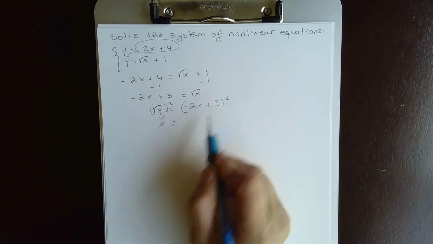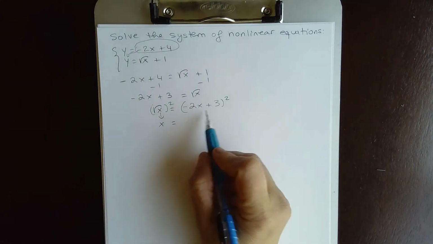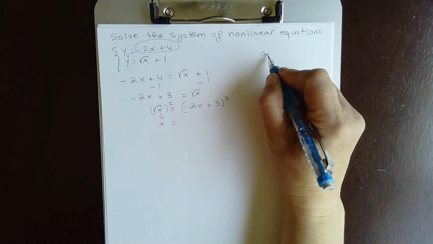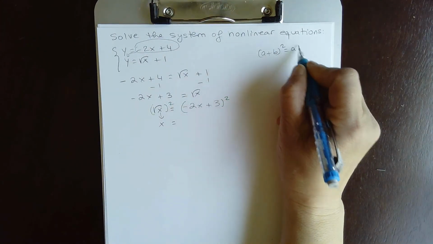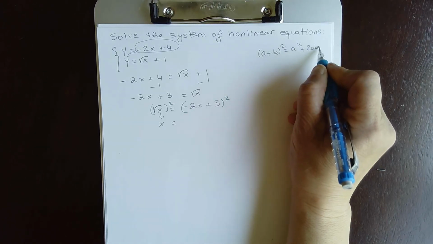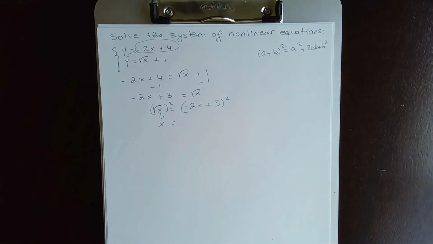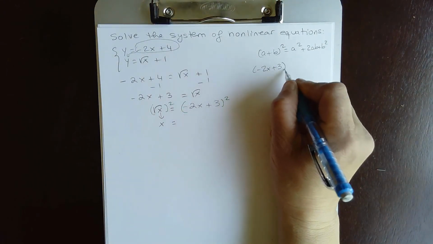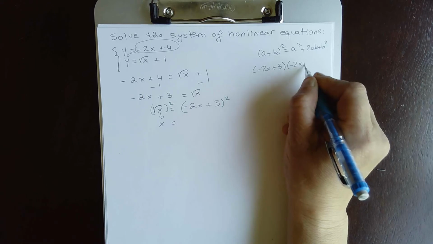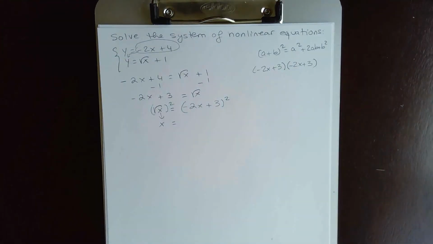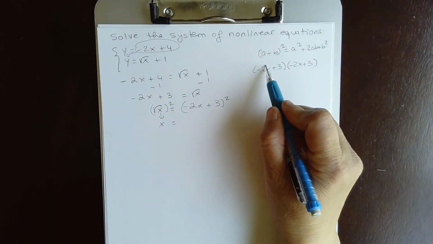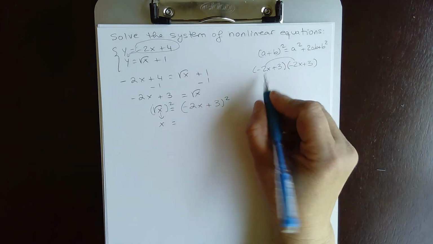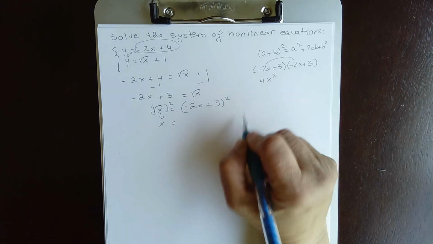And now we need to expand this. You can use the formula a plus b squared is equal to a squared plus 2ab plus b squared. Or you can just expand them like this. You can rewrite them as negative 2x plus 3 times negative 2x plus 3. We can use FOIL. Negative 2x times negative 2x is positive 4x squared.